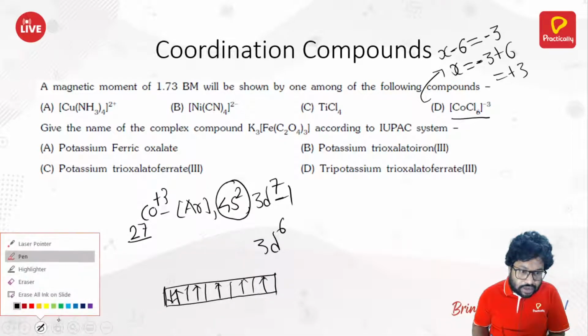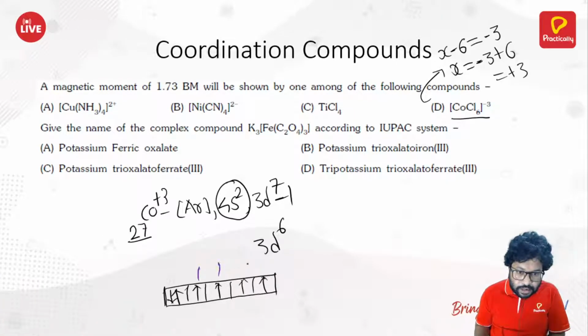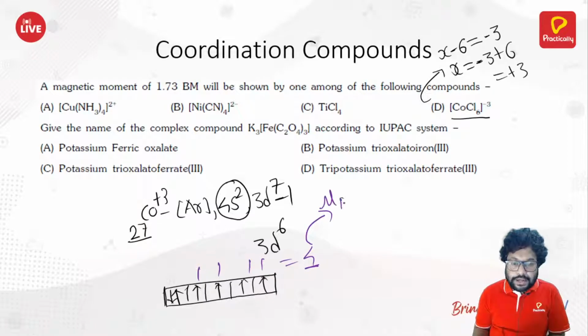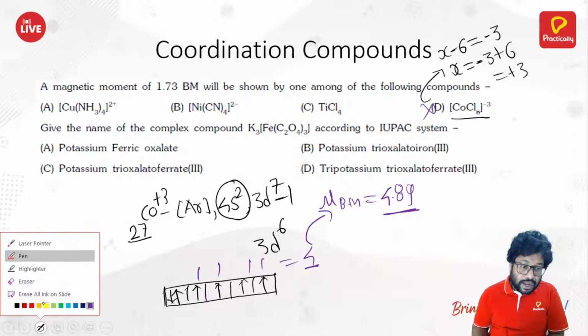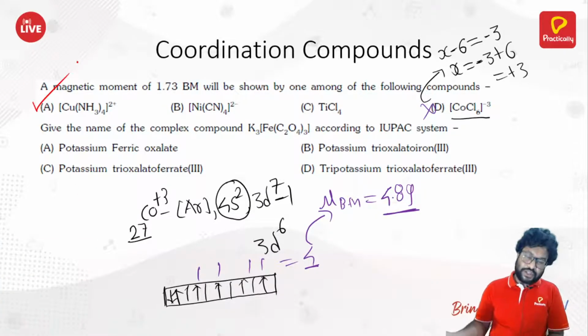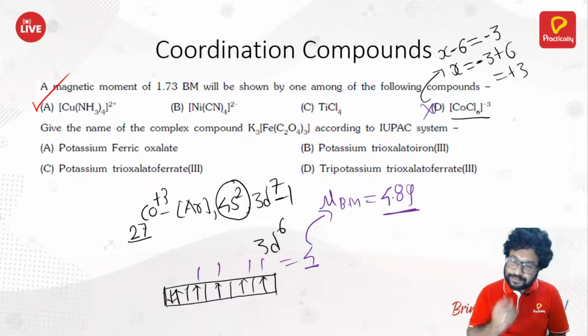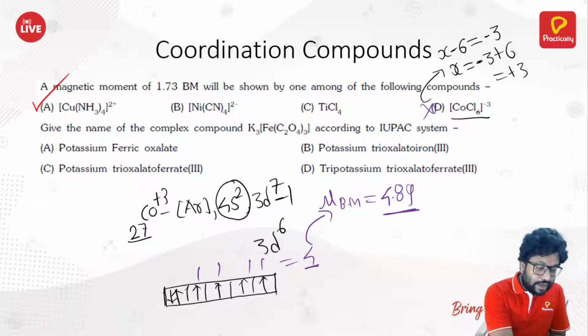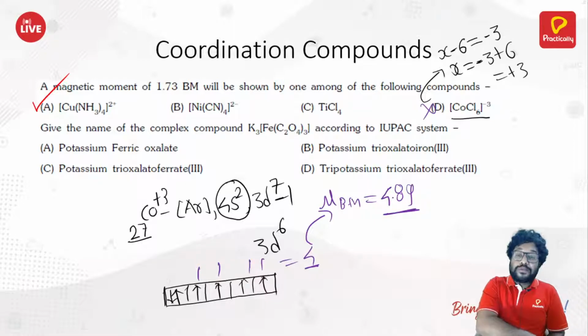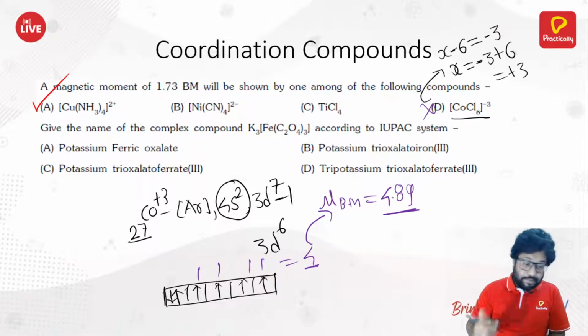How many unpaired electrons does it have? It has 1, 1, 1, 1. Total 4 unpaired electrons. And for 4 unpaired electrons, its magnetic moment should be equal to 4.89. Therefore, this is also not your answer, and that is why your answer is the first. Okay, clear? So that is how you can actually calculate the magnetic moment of a given compound. That is a way.